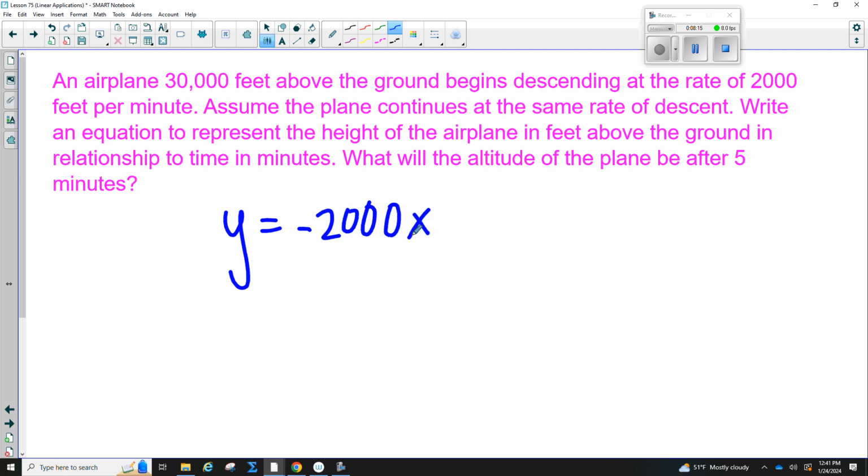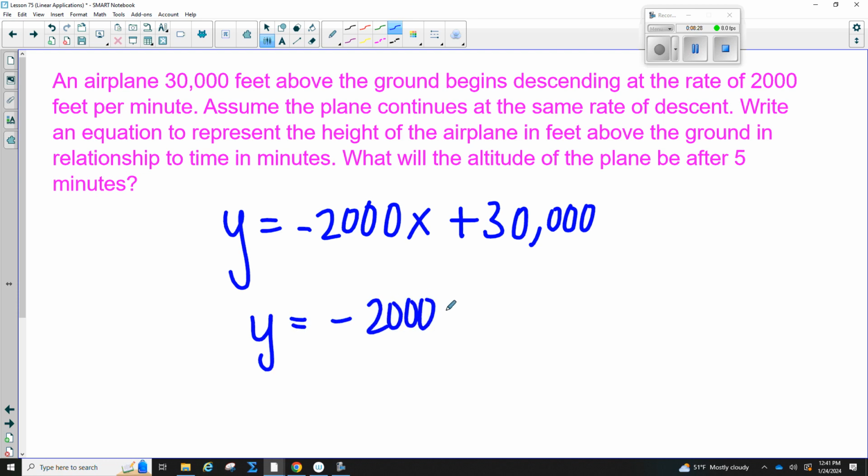And what's the starting point? They're starting 30,000 feet in the air and descending 2,000 every minute. So that's part A, the first part of the question. Then it says, what's the altitude or the height of the plane after 5 minutes?